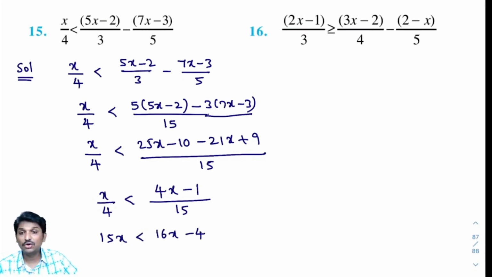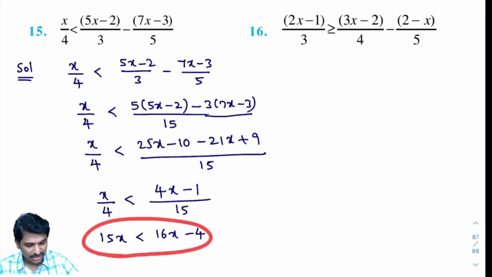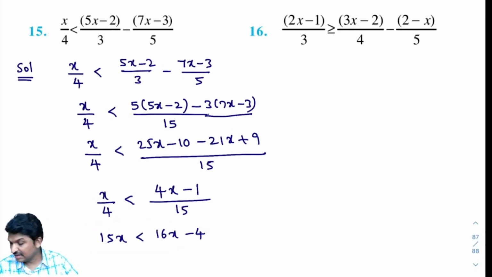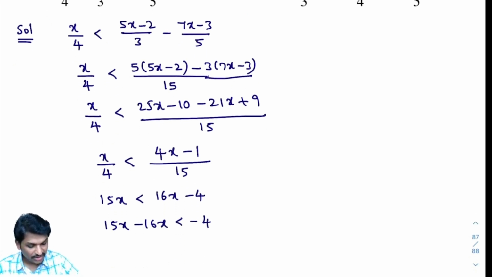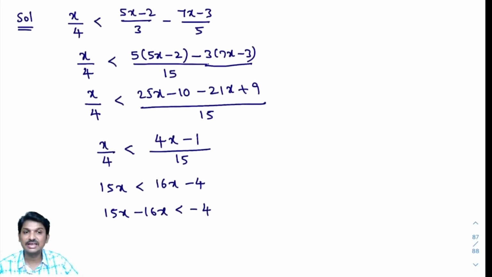What you are looking for is x. That means you want all x values on one side. So you write all x values on one side. What you will get? 15x minus 16x is less than minus 4. 15x minus 16x, that is minus x, is less than minus 4.